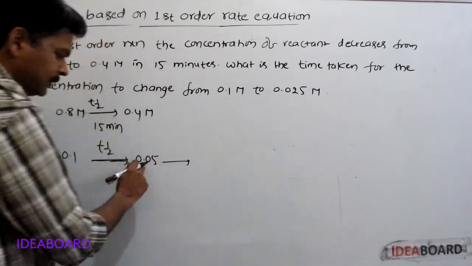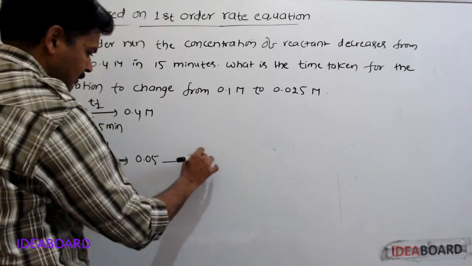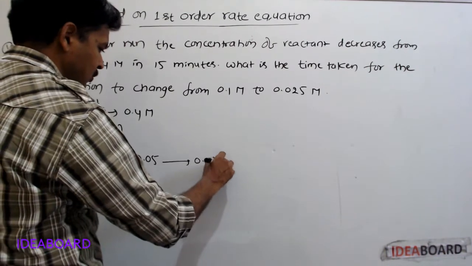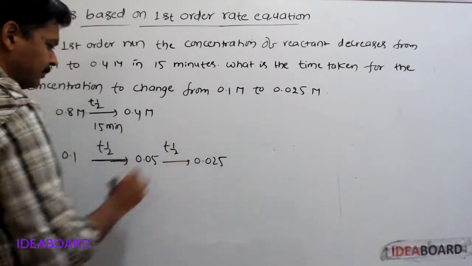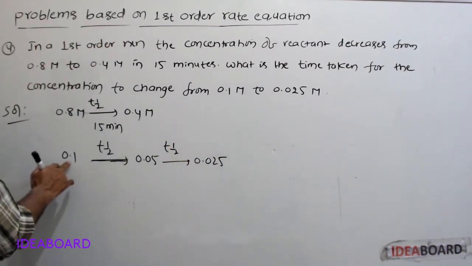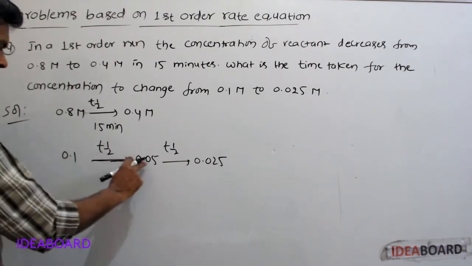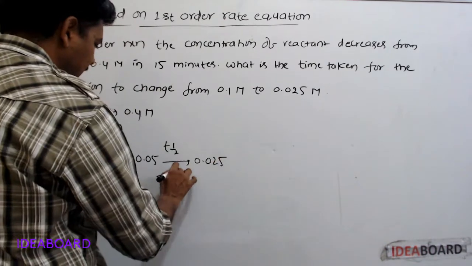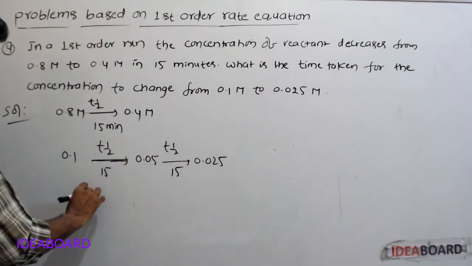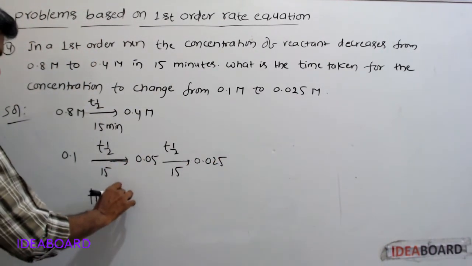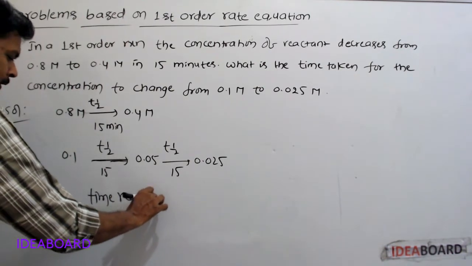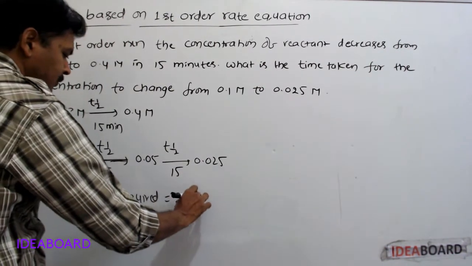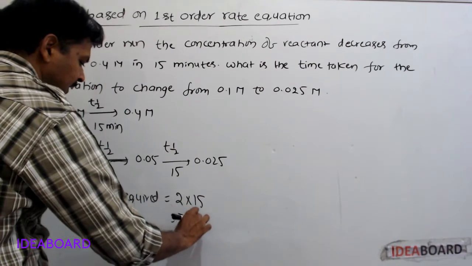Half of 0.05 is 0.025. One more half-life. 0.1 to 0.05 takes 15 minutes, 0.05 to 0.025 again 15 minutes. Total time required is 2 into 15, 30 minutes.